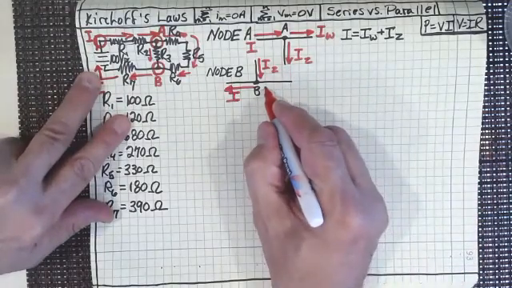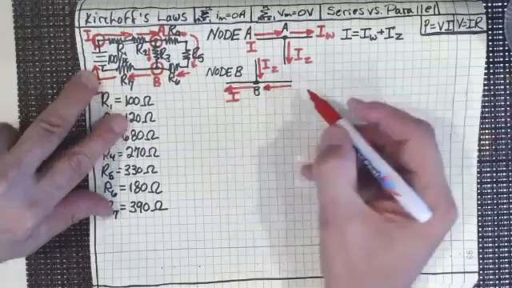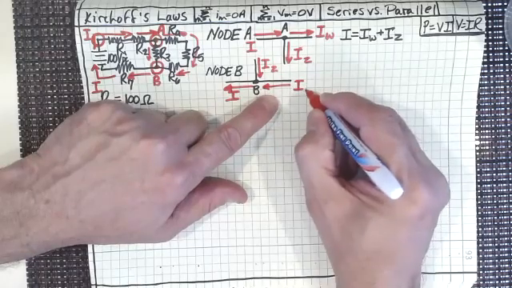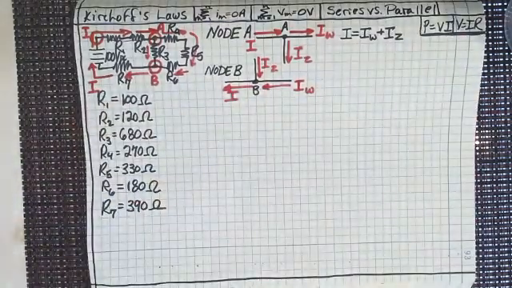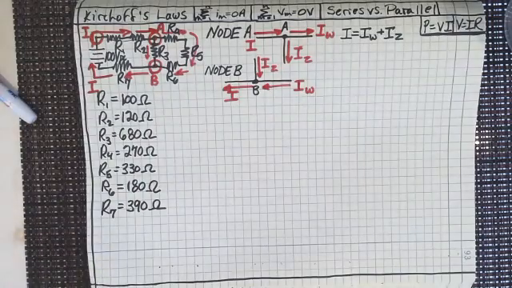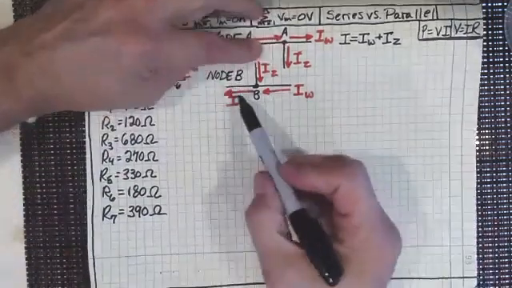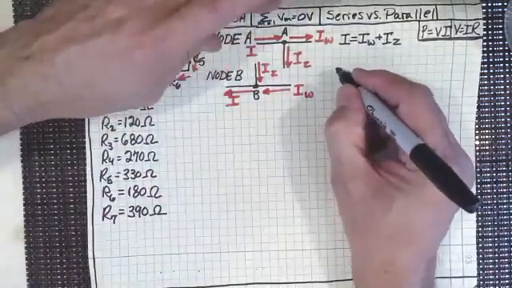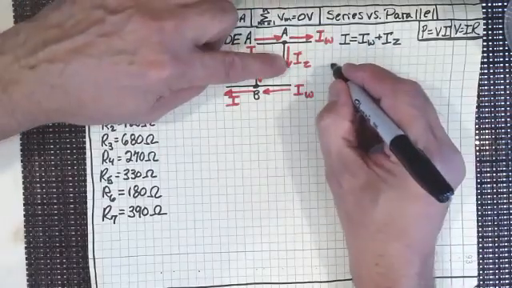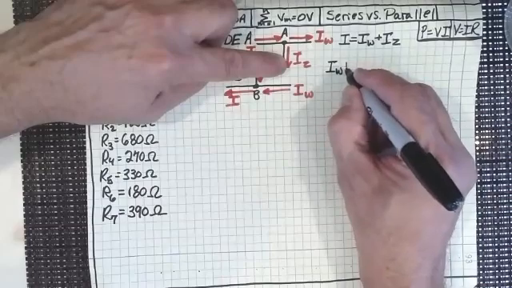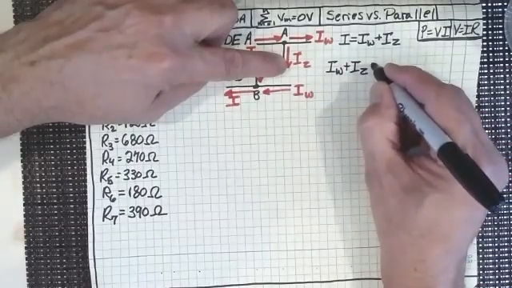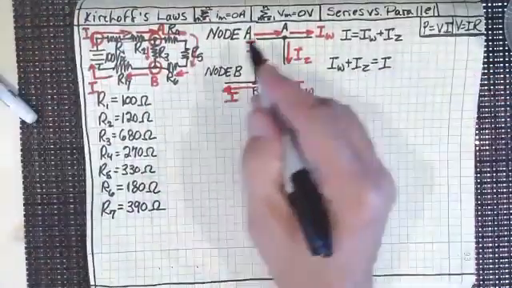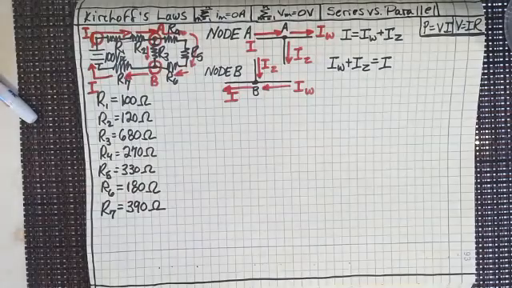So I've got my current coming back into here, and that current is the same current that went out at point A. So I sub W. So we get the other equation right here, which really is pretty much the same, because the current out is going to be I and the current in is I sub Z and I sub W. So if we're summing up the currents that are going in, we've got I sub W plus I sub Z equals I. Same exact equation at the two different nodes, just summing up the current that's going in there.